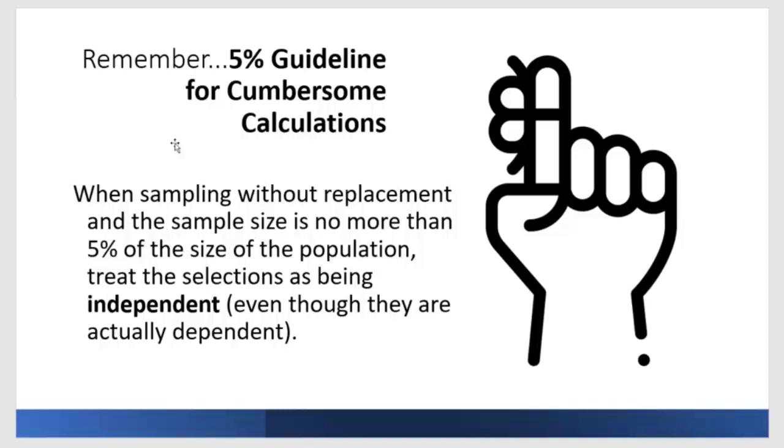So if your sample size is no more than 5% of the population, you can treat it as independent, and it doesn't matter if they are or aren't. It's such a small thing, you can treat that as independent. And sometimes your homework is just going to ask you, can we treat this as independent?